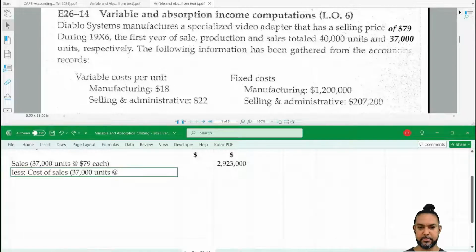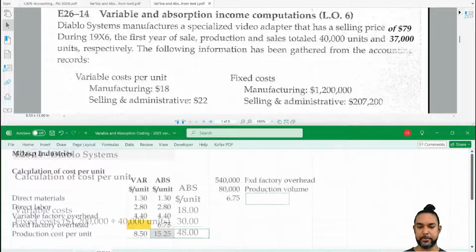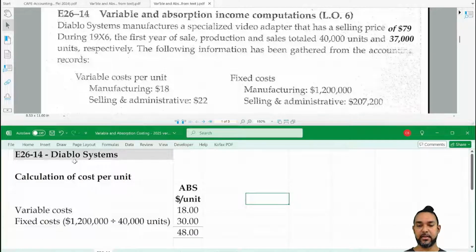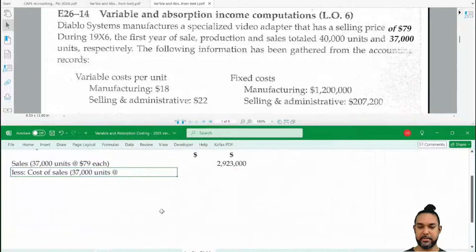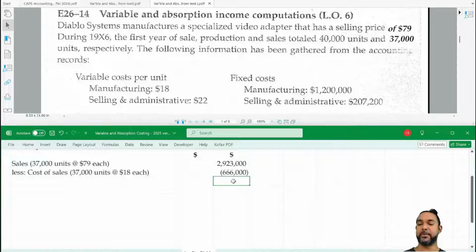It's 26.13, no, that's Milsap. It was 14. Oh, it's 18. Yeah, it's just 18 each. Wow, that's a big gross profit, boy. $61. So that's equal to 37 multiplied by 18. Oh, that's why they call it Diablo. So that is our gross profit.